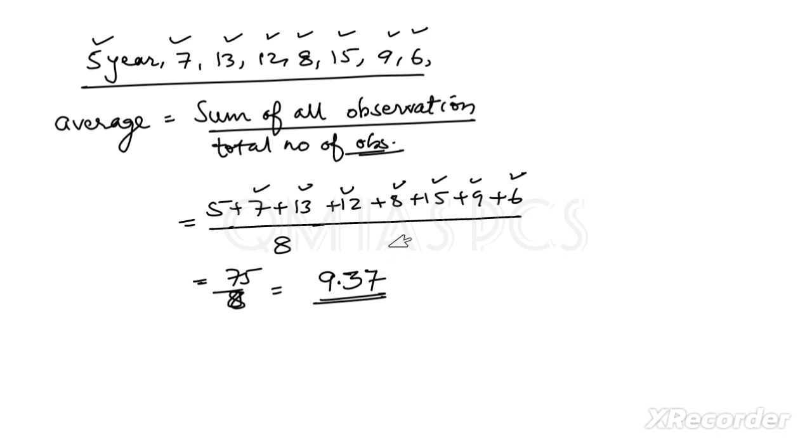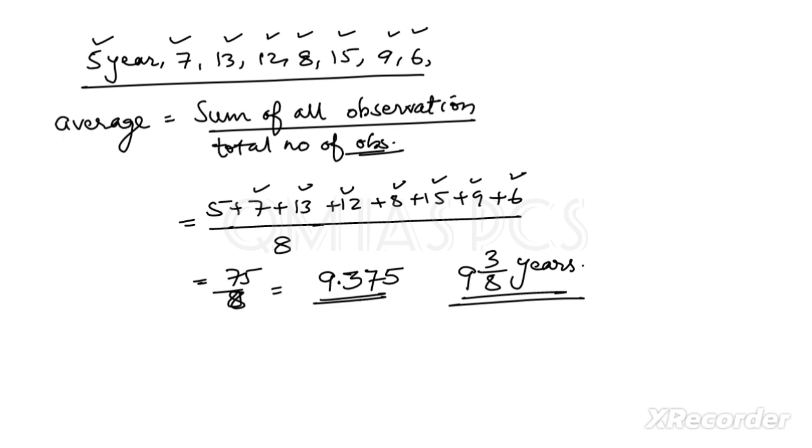You can write it like this, or you can change it into a mixed fraction, like 9 whole and 3 by 8, this many years. So this is our average value. You understood, right? Now I am giving you one concept based on this.